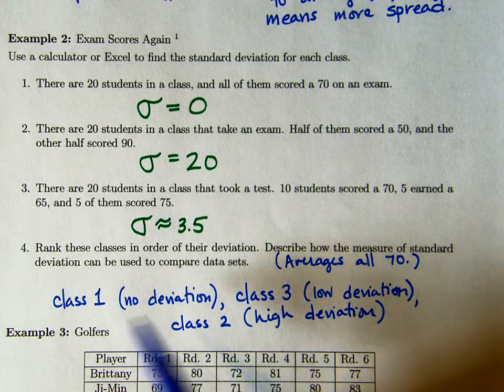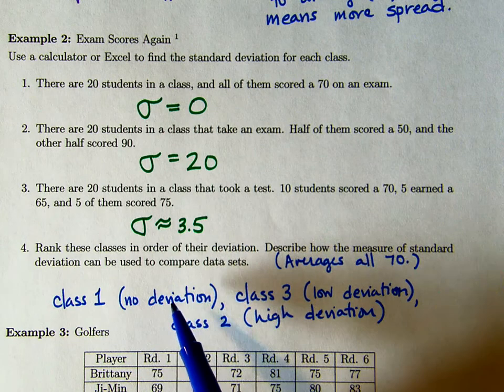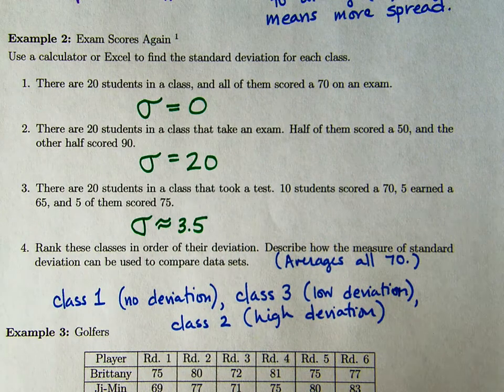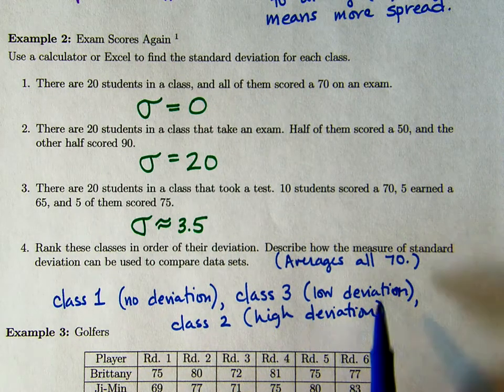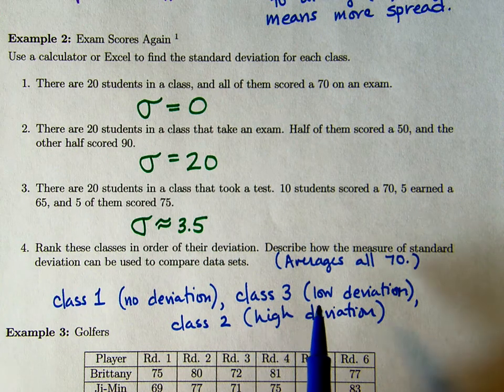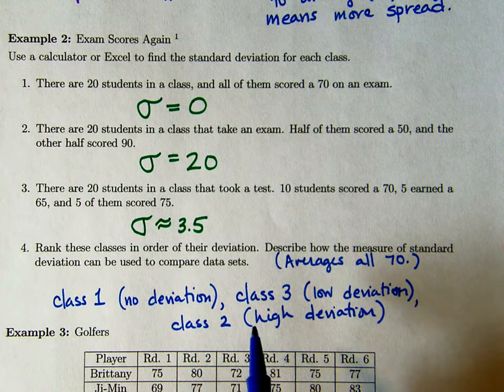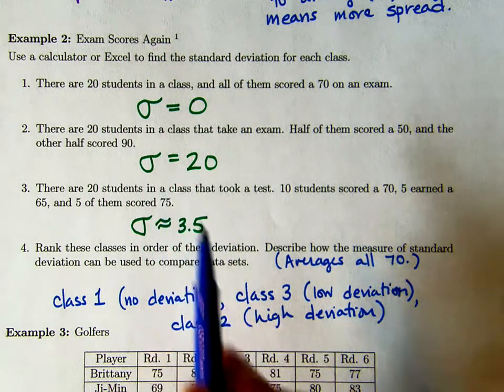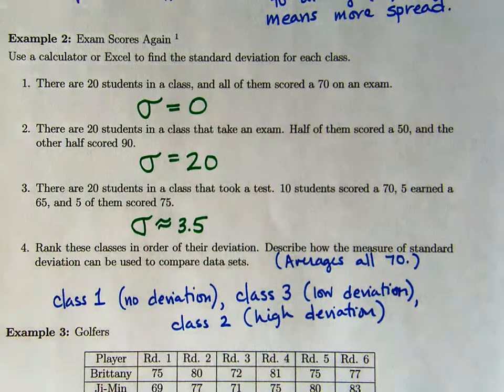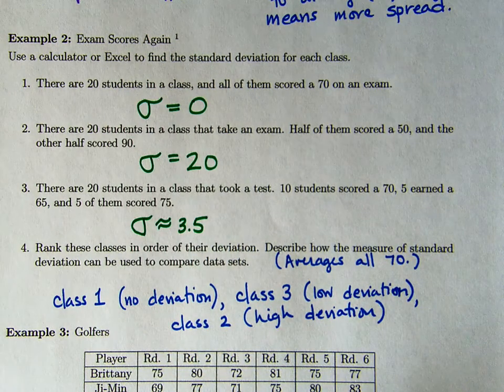Whoa. These are all the same. No deviation means consistent across the board. Low deviation means pretty consistent, but not exactly the same. And high deviation means, boy, they were really spread out. They really deviated away from the class average, and they were super spread out.